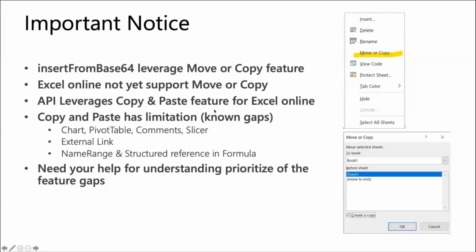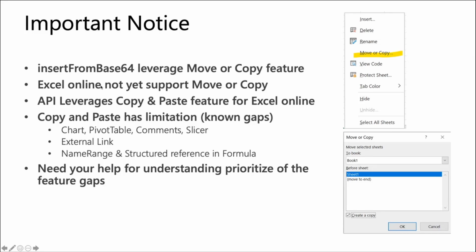So I would like to share some important notes about this API, because insert from base64 actually leverages the move and copy feature. In Win32, you can right click your sheet, you get this menu, and you click this menu. You'll be able to move or copy your sheet to another workbook.